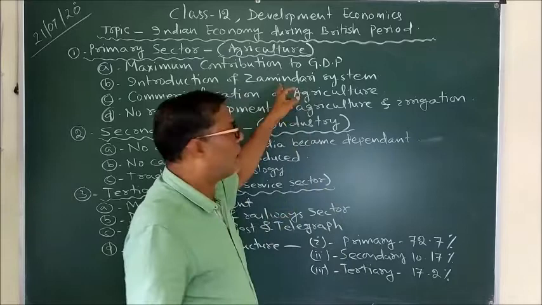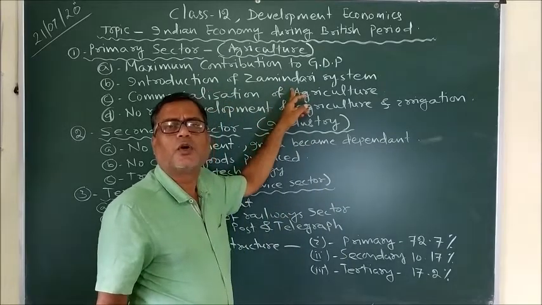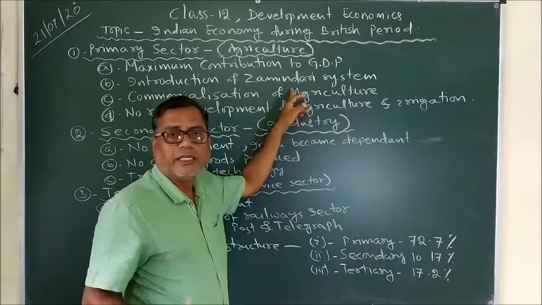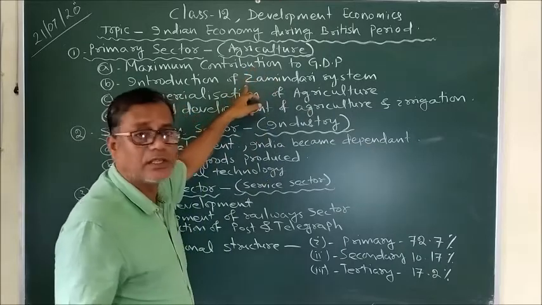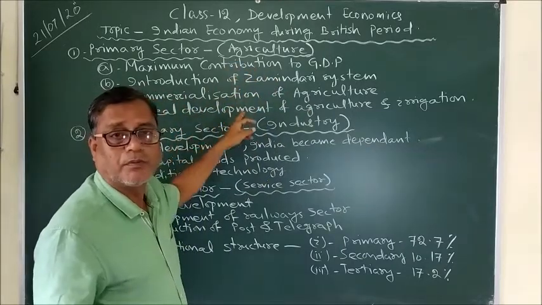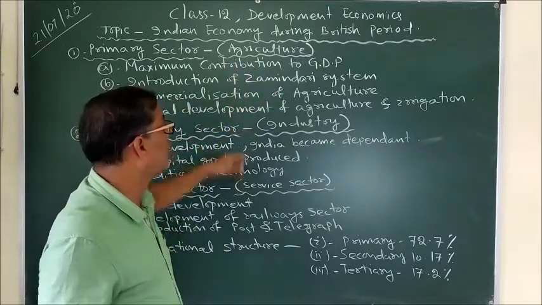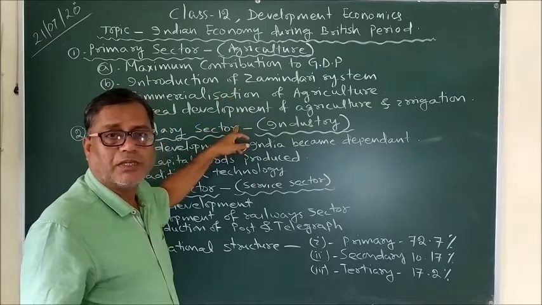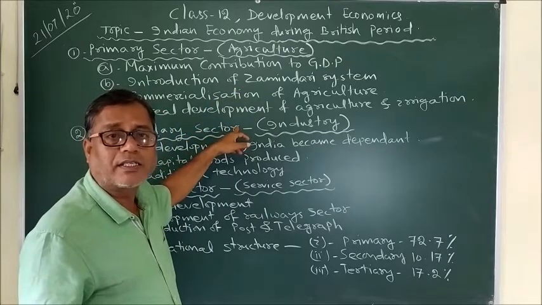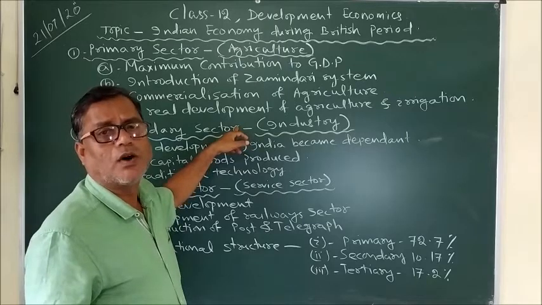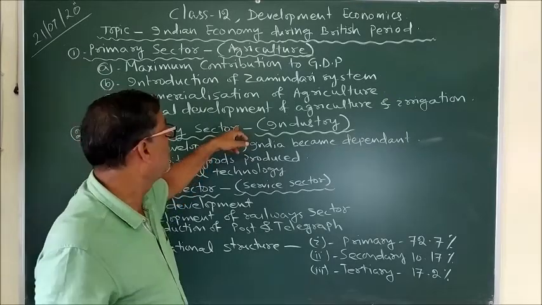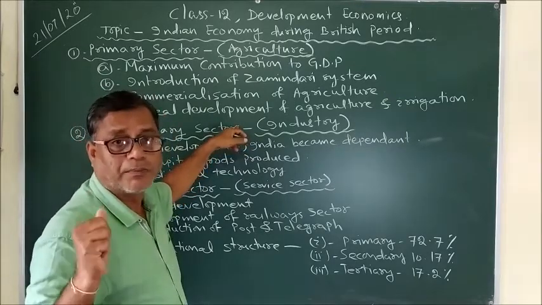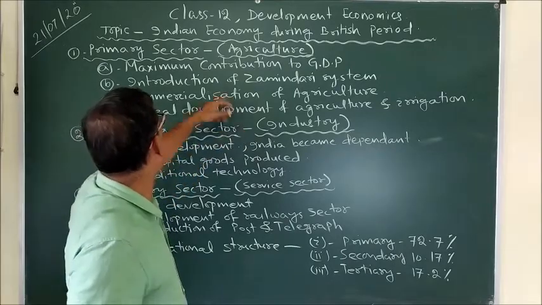So how did the British exploit India economically? That is, how were the different sectors of Indian economy exploited by the British power?